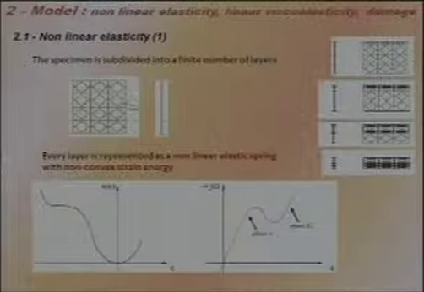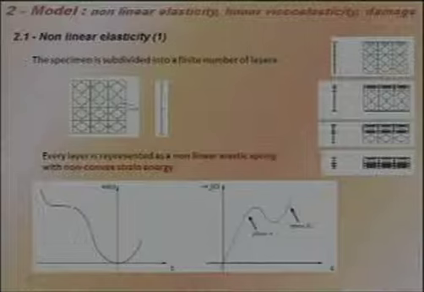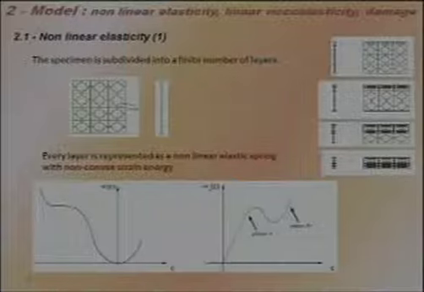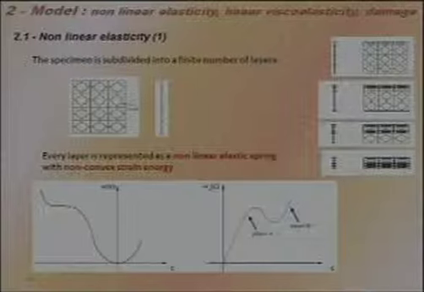Well, this model has been constructed step by step. The first step was to put in nonlinear elasticity, which because of the localization was pretty obvious. So nonlinear elasticity with a non-convex strain energy, and that gives this behavior, the stress versus the deformations.